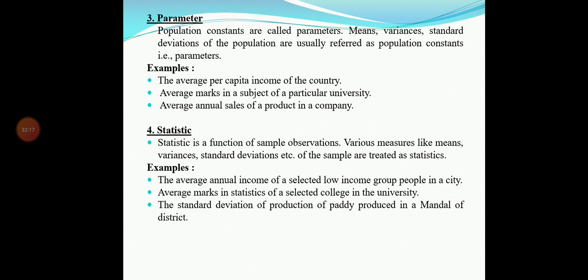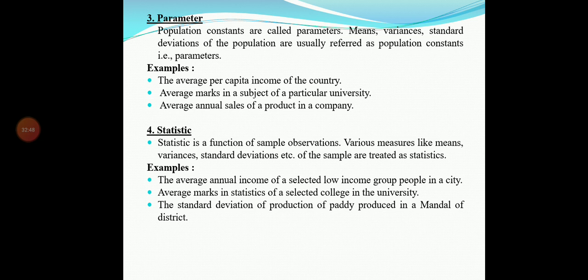Average marks in a particular subject of the students in a particular university is called parameter. Similarly, average annual sales of a product in a particular company may be considered as parameter. So these are some of the particular parameters.